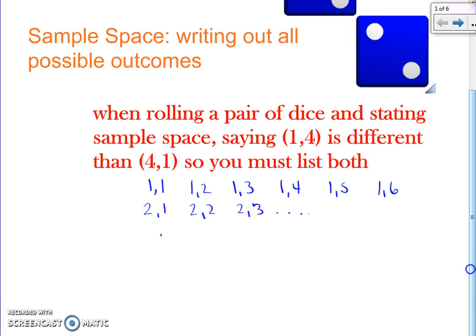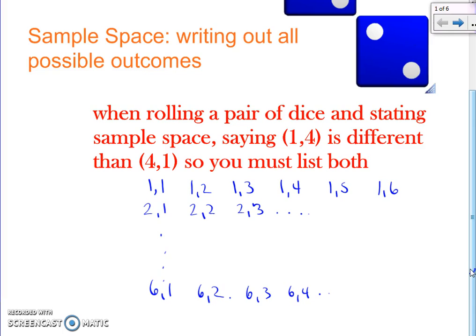We're not going to list them all, but that's how you should build a sample space so that you make sure that you are not forgetting any of them. So do it in a pattern. What would the last row be? 6, 1, 6, 2, 6, 3, 6, 4, all the way up to 6, 6.